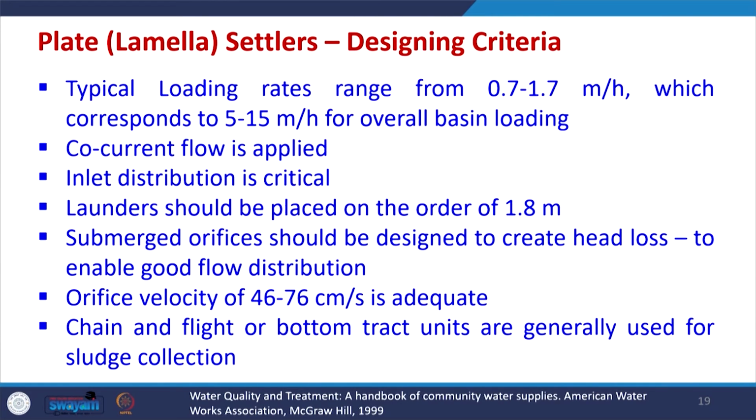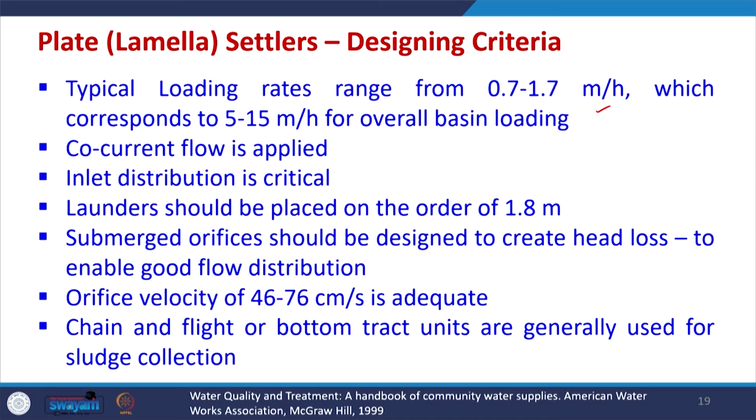Now, some design criteria: the typical loading rate ranges from 0.7 to 1.7 meters per hour, which corresponds to 5 to 15 meters per hour for overall basin loading. So, we have to take care of this. If co-current flow is applied, then inlet distribution is very critical and has to be taken care of. Launders are placed on the order of 1.8 meters.